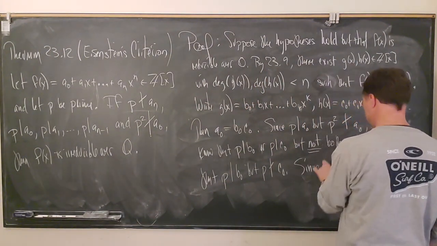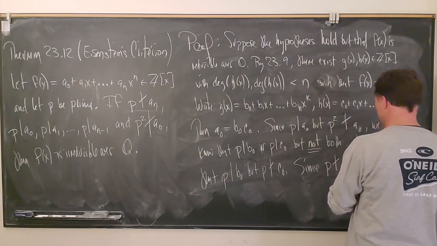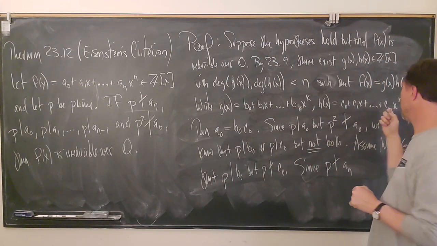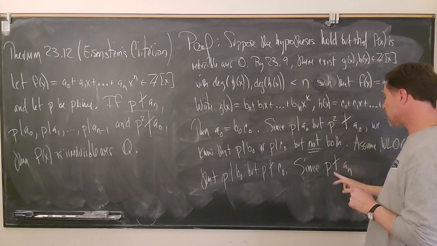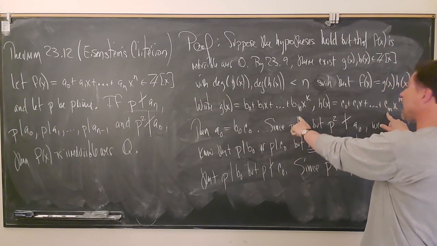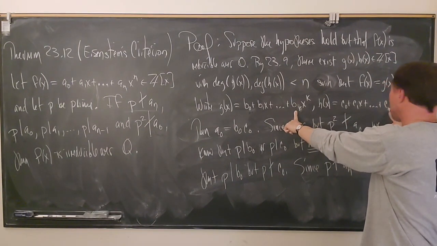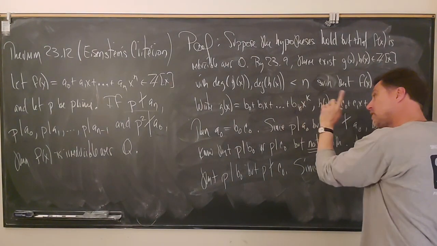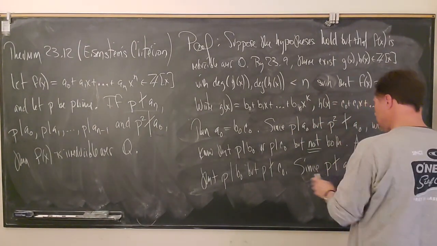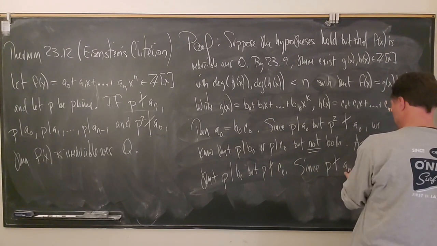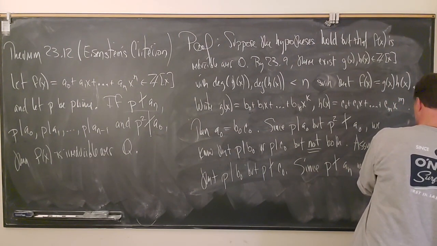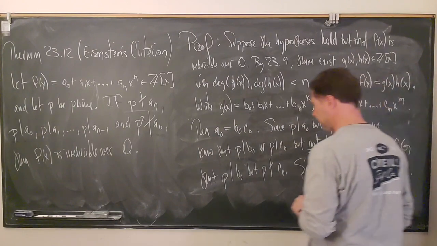So since p does not divide a sub n, and we would get a sub n by multiplying b sub k times c sub m, p does not divide the product b sub k times c sub m, which tells us in particular that p does not divide b sub k.